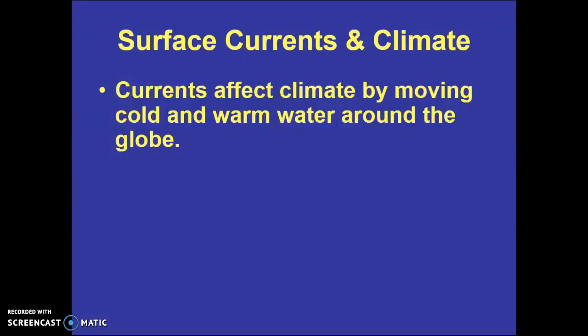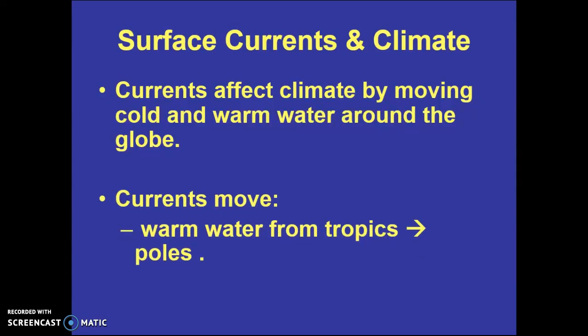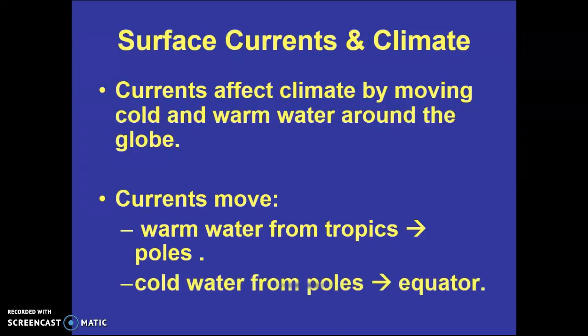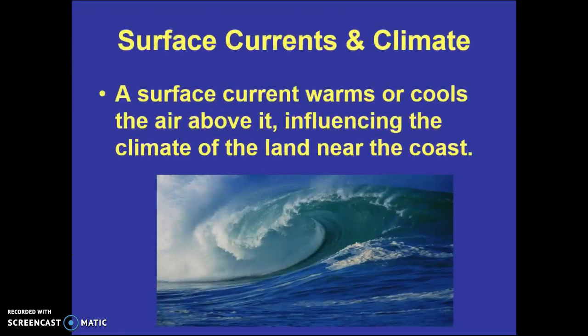So currents affect climate by moving cold and warm water around the globe. The currents can move warm water from the tropics to the poles and can also move cold water from the poles toward the equator.